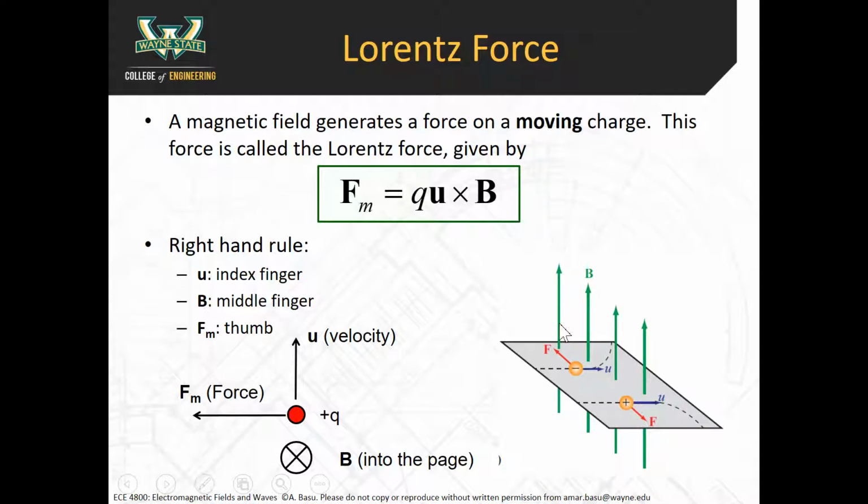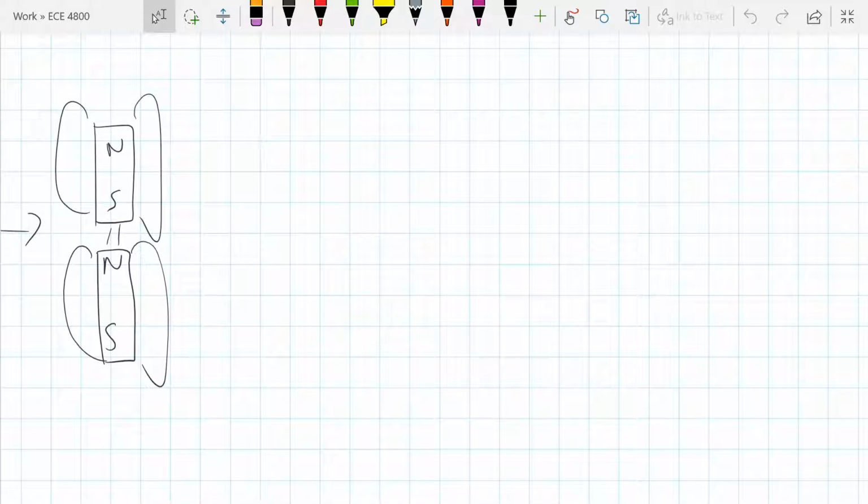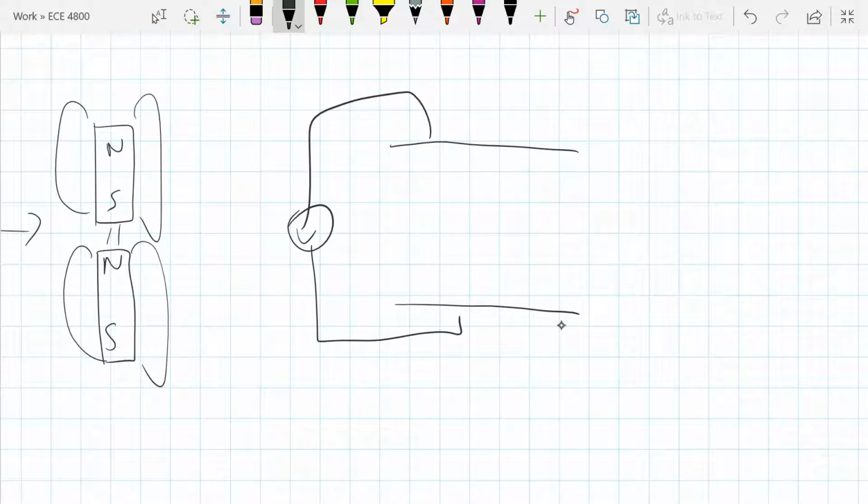So Lorentz force is a pretty interesting force. You remember with electrostatic fields, the electrostatic force was very simple, right? You create an electric field by, let's say, applying a voltage between two plates.